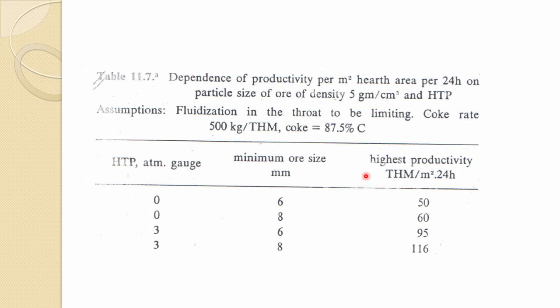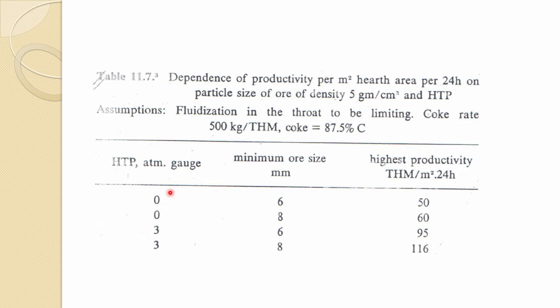So, this figure also shows the dependence of productivity per meter square of hearth area per 24 hours on particle size of ore of density 5 gram per centimeter cube and top pressure. Fluidization is thought to be limiting. Coke rate is 500 kg per ton of hot metal, and coke has 87.5% carbon.